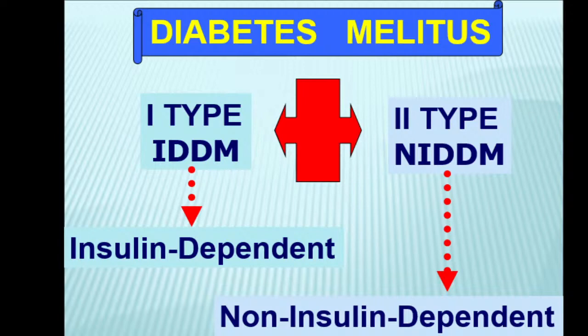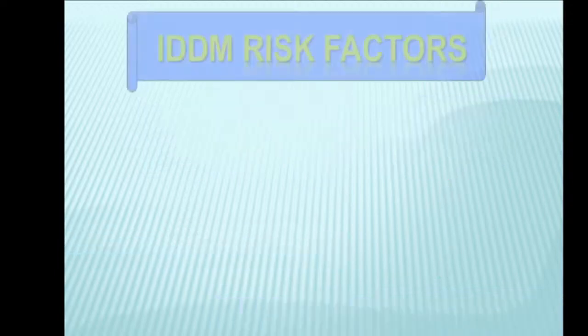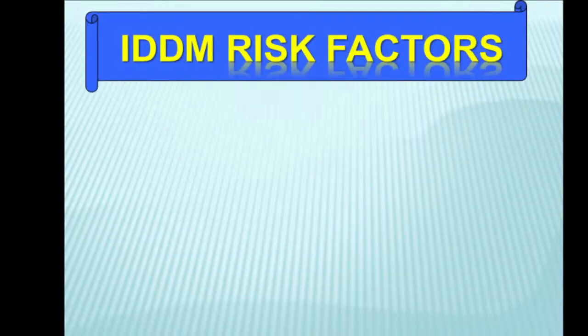Sometimes in long-standing cases, due to some complications, this group of patients also needs insulin correction, but it is not obligatory. The first type cannot live without insulin. The second type may be corrected without insulin.